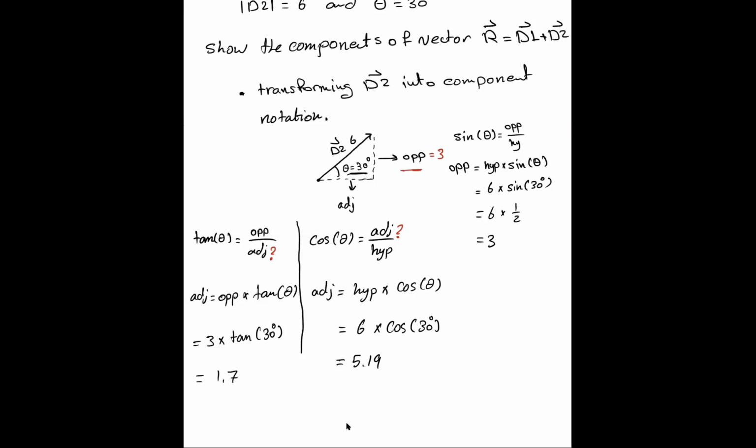So there is something that is wrong. From what I'm looking at, for the tangent, we multiplied the opposite times the tangent, as opposed to the opposite being divided by the tangent. Yeah, so I did something wrong on this step.